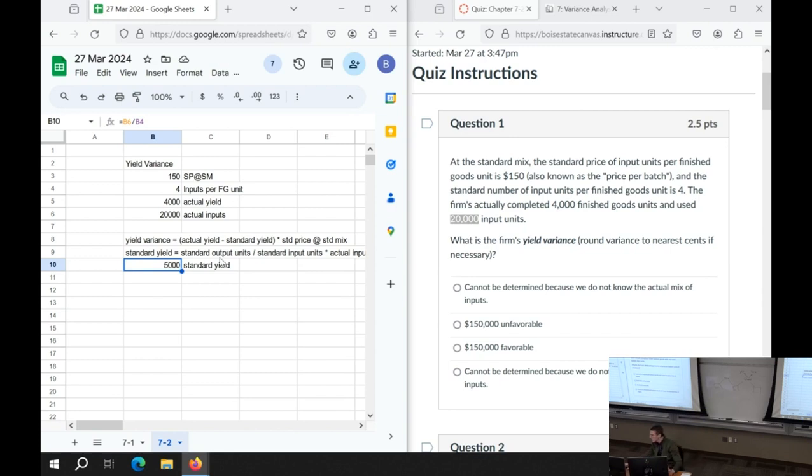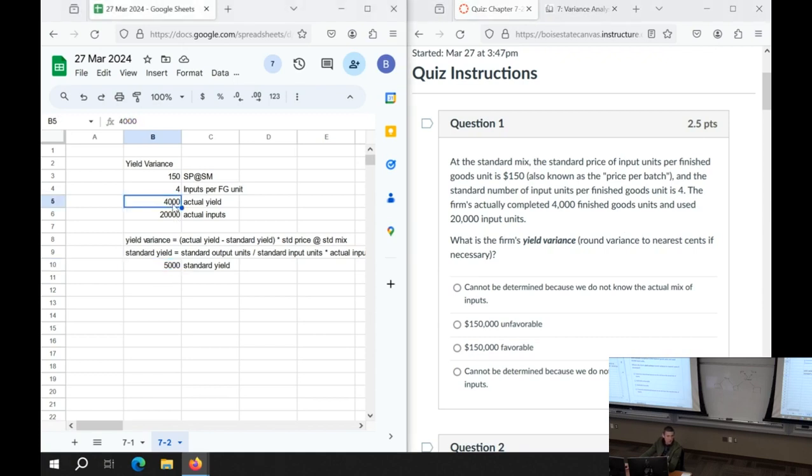We have 20,000, we don't know what this is, 20,000 pounds of chemicals going into bleach bottles or whatever. Since it takes 4 gallons to go into one bottle, we should have yielded 5,000 bottles of bleach. That's our standard.